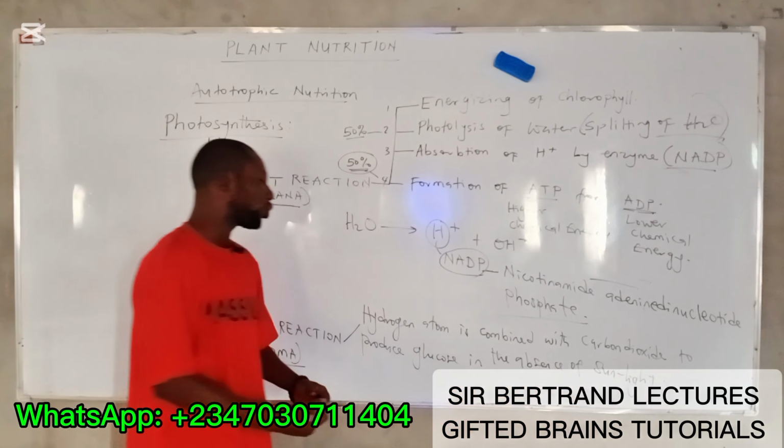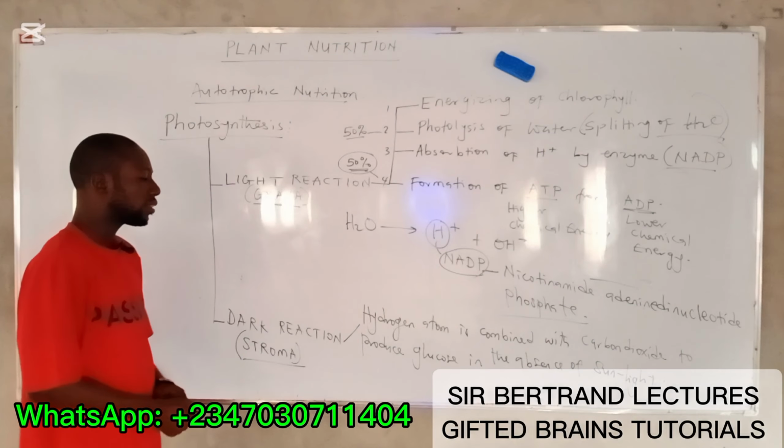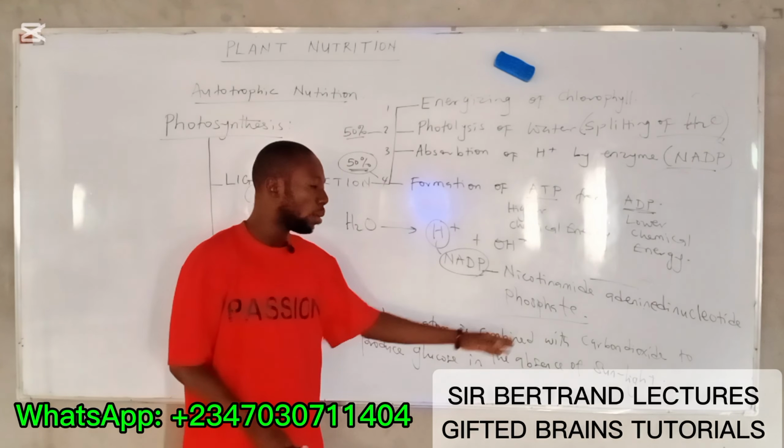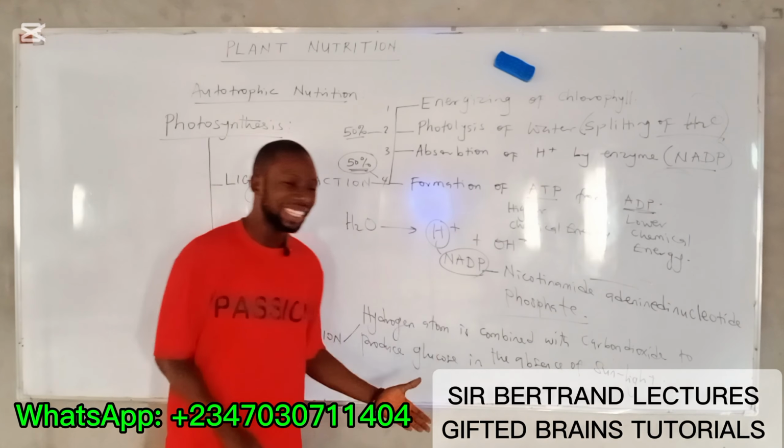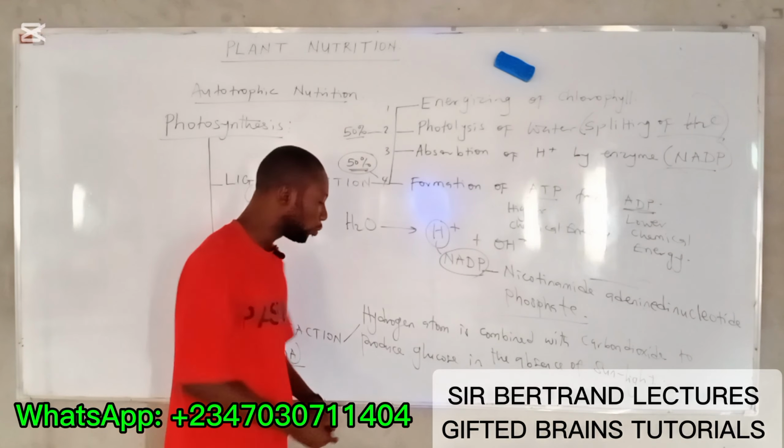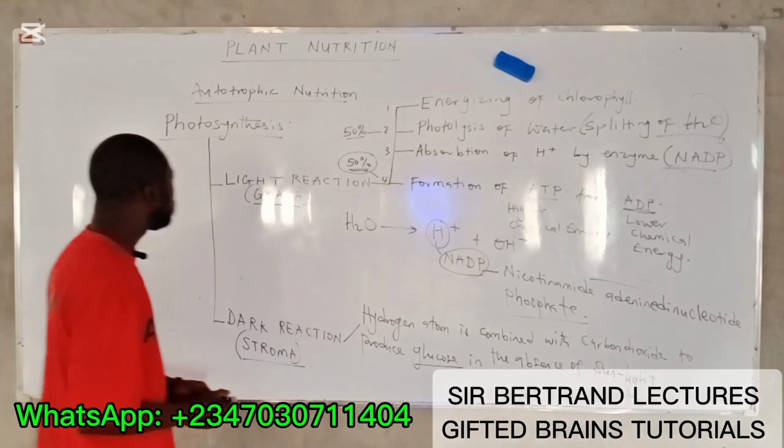And that is why the reaction is known as dark reaction. All right? The hydrogen atom here is combined with carbon dioxide in the dark reaction to produce what? Glucose, which is the first stable product.